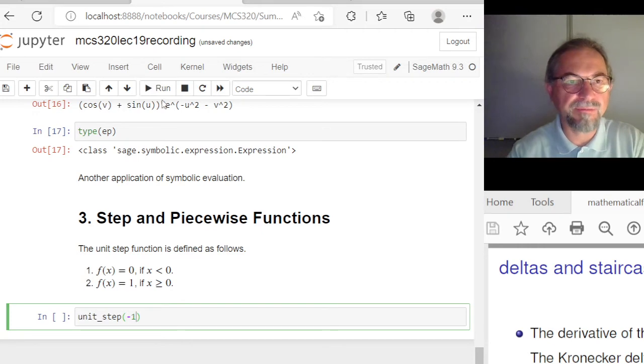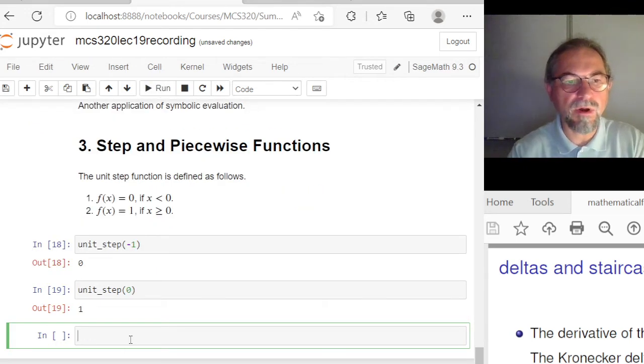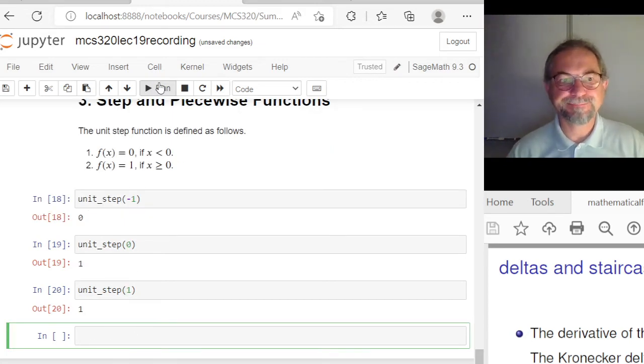If I evaluate this at -1, I have 0. Unit step at 0 is 1, and unit step at 1 is also 1. Okay, so let me make a plot.